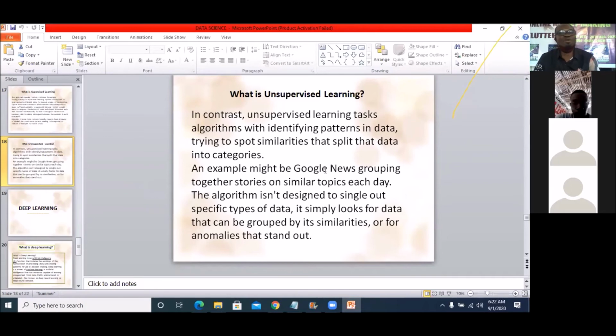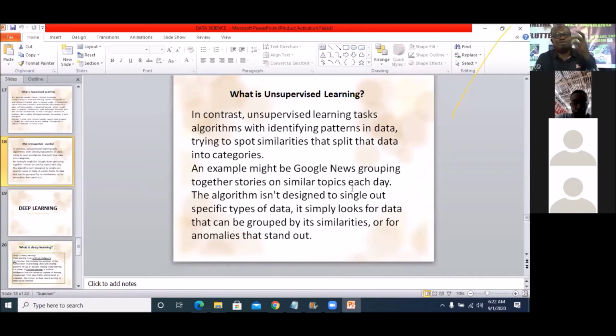An example might be Google News. You can see that's what Google News uses: grouping together stories on similar topics each day. So Google is able to take up stories that it sees each day and is able to classify them based on similar topics. So that when you're reading this one, it will send you similar topics so that you go read it more. By so doing, it's engaging you more on Google products. You're always there because you're seeing what you like on Google.